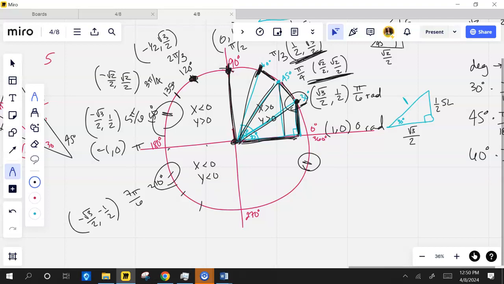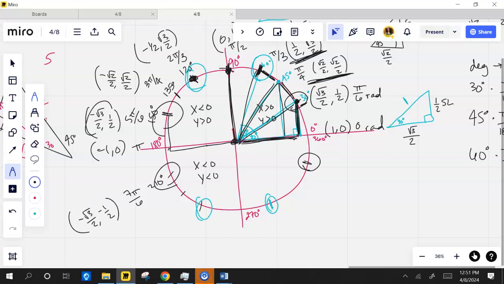If you think about it, you're going over further than you're going up, and root 3 over 2 is bigger than 1/2. That's the way I think through it. And then this one, this one, this one, and this one are the ones that go together as far as coordinates go.